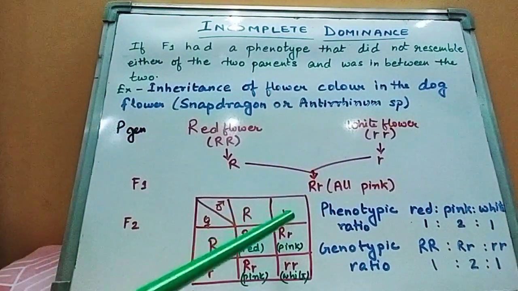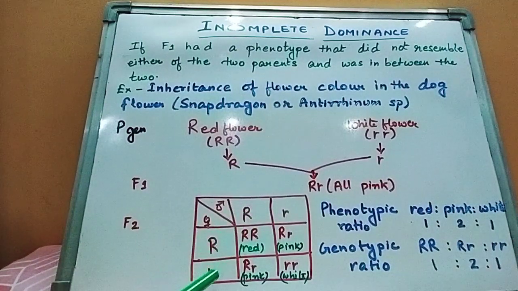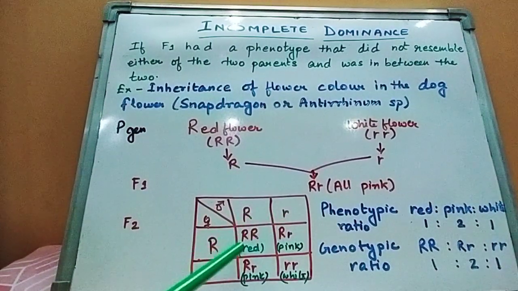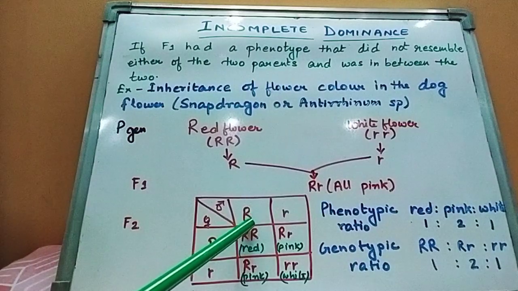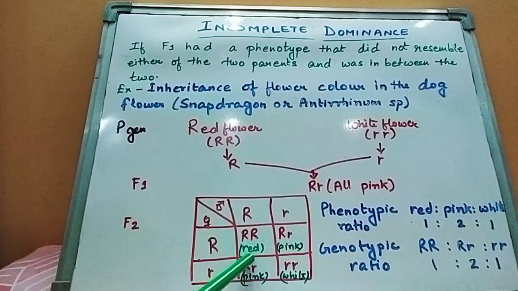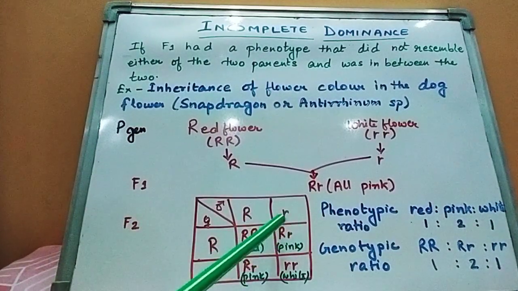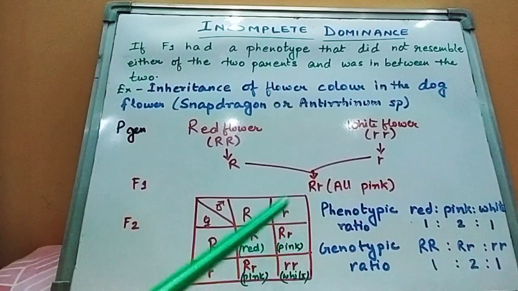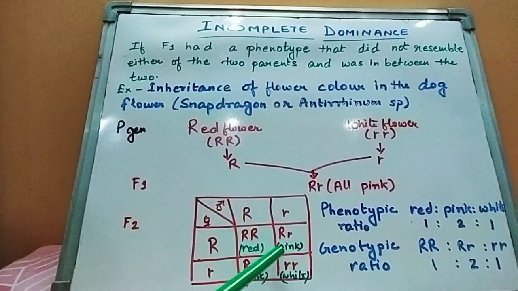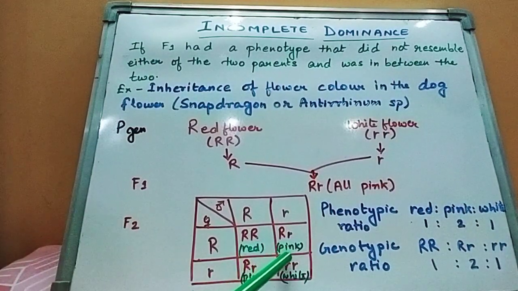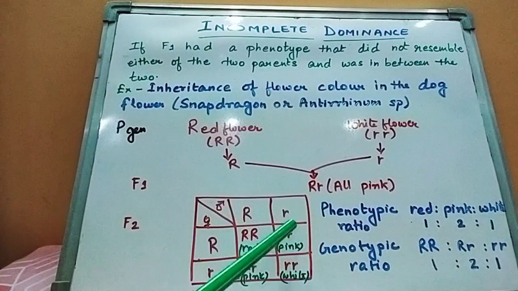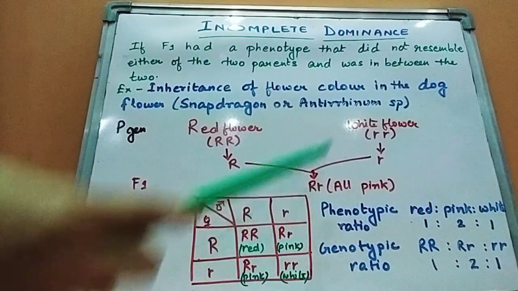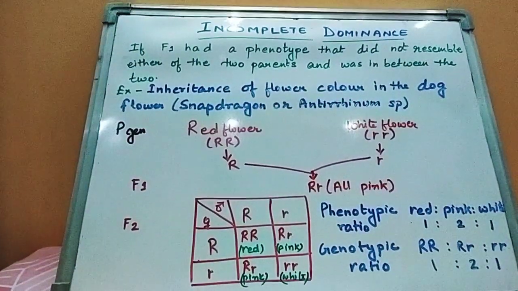So the gametes are capital R and small r. What was produced? R with R, that is red; R with r, that is heterozygous or hybrid, two of these, but instead of becoming red, they have turned out to be pink. And the recessive alleles come together to produce the recessive trait, that is a white flower.